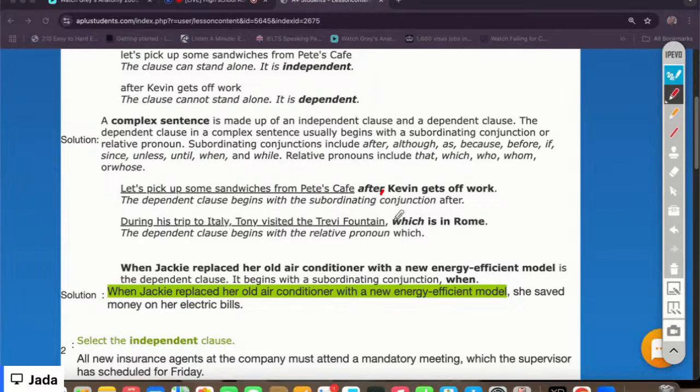Which is a relative clause, and it shows that this is the beginning of the dependent clause. So let's look at some more examples.